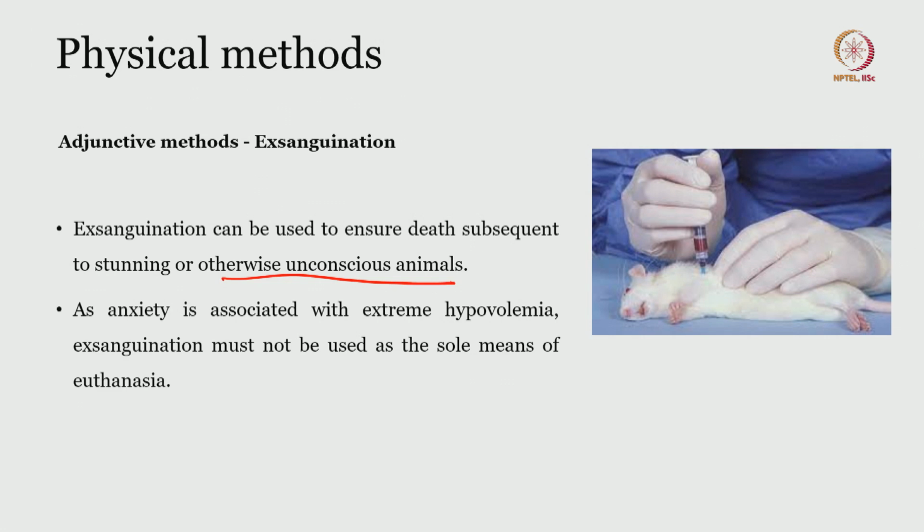As anxiety is associated with extreme hypovolemia, exsanguination is never performed as a sole means of euthanasia, and it is always a secondary method because it causes extreme anxiety because of hypovolemic shock. So exsanguination is basically withdrawing the blood from the body.